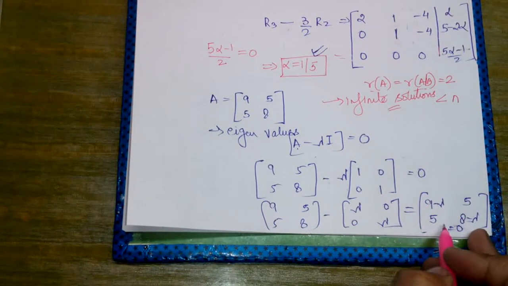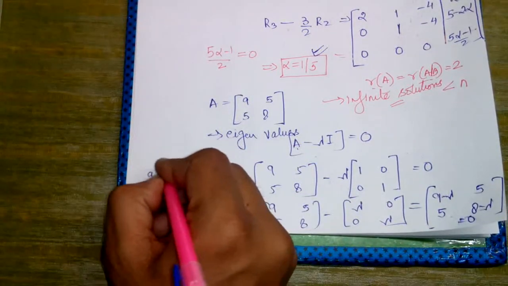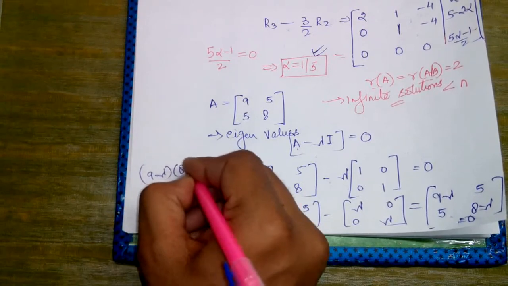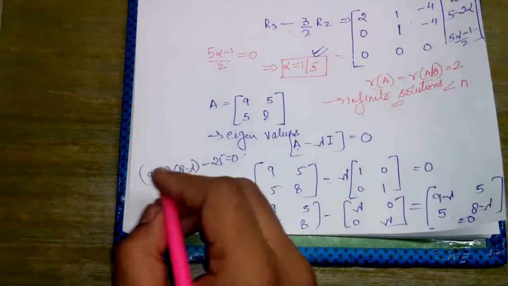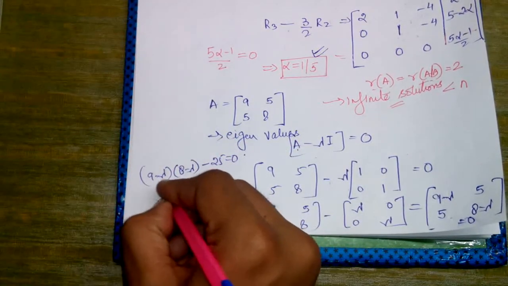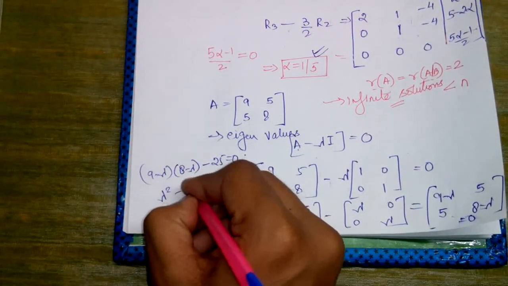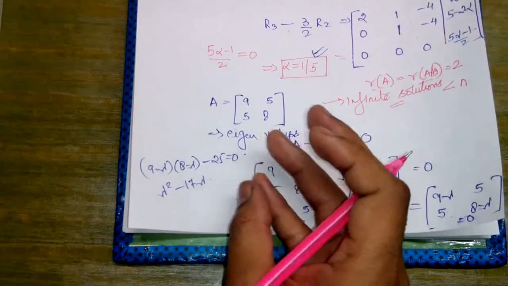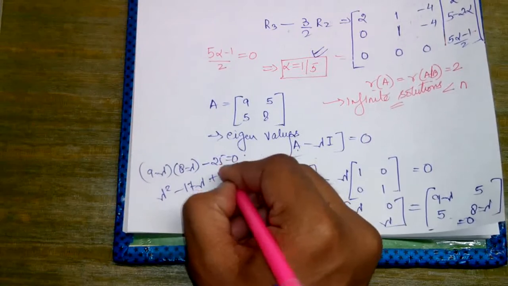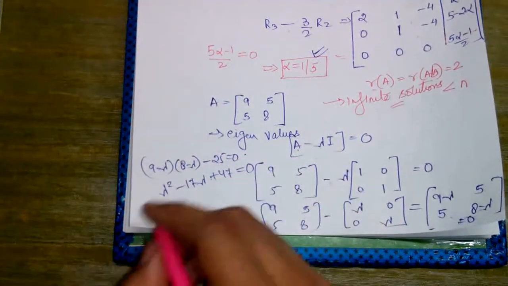So we will take the determinant, that is (9 minus lambda)(8 minus lambda) minus 25 equals 0, and the equation formed will be lambda square minus 17 lambda plus 47 equals 0.